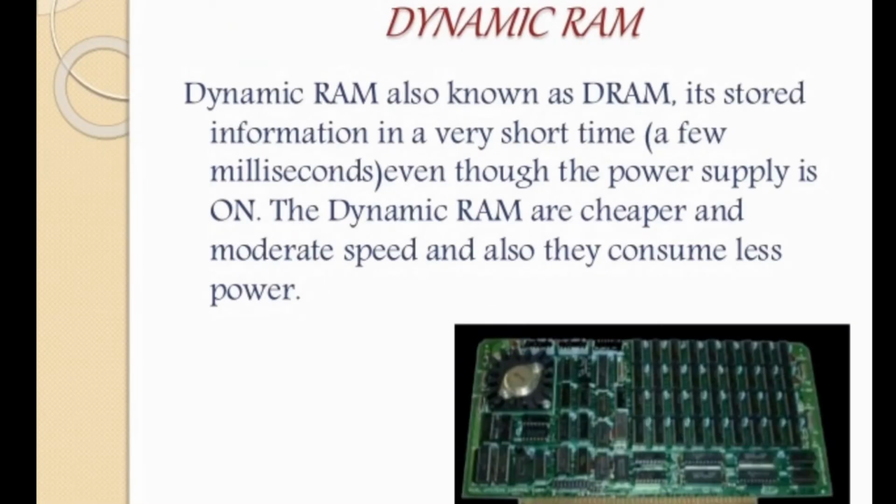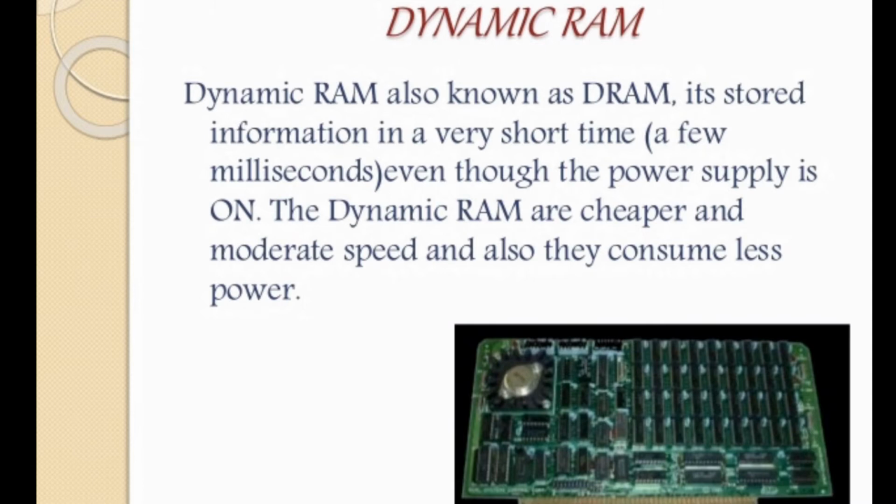Next is dynamic RAM. Dynamic RAM is also known as DRAM. It stores information for a very short time, even when the power supply is on. Dynamic RAM is cheaper, has moderate speed, and also consumes less power as compared to the static RAM.